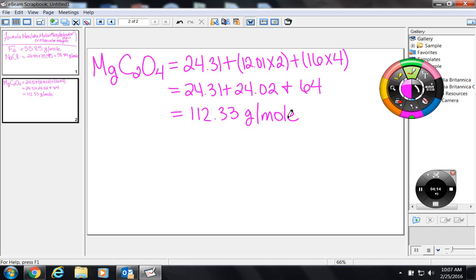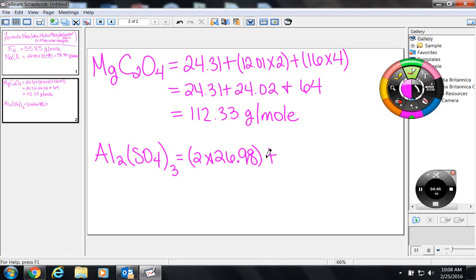Aluminum sulfate. What do I do? Find aluminum: 2 times 26.98, plus sulfur. There's more oxygen than 3, so I have to do 3 times the imaginary 1.